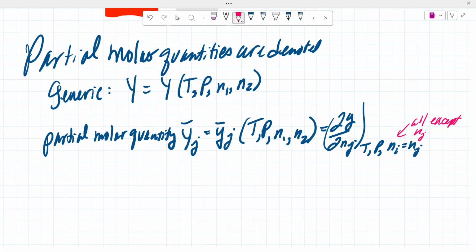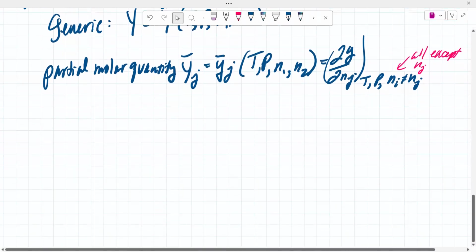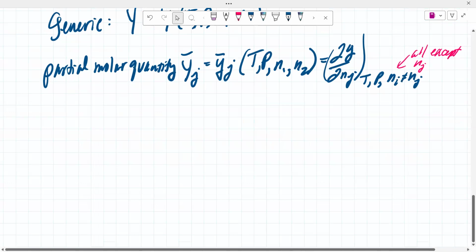So in other words, I forgot to put the not equals. I not equal to J. Yeah, that's better. You can't interact with yourself, which is why we have N_I not equal to N_J. But it's a pairwise interaction indication here. Okay, now the partial molar entropy.